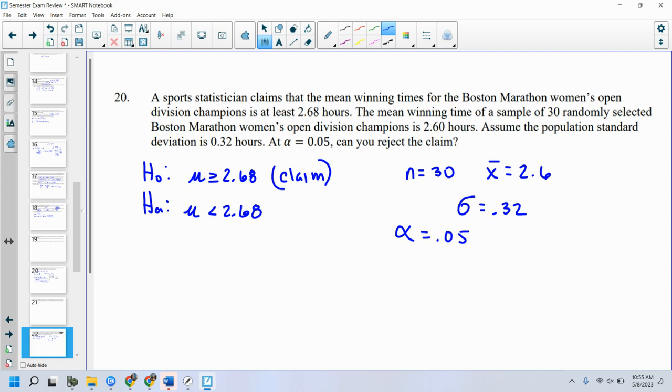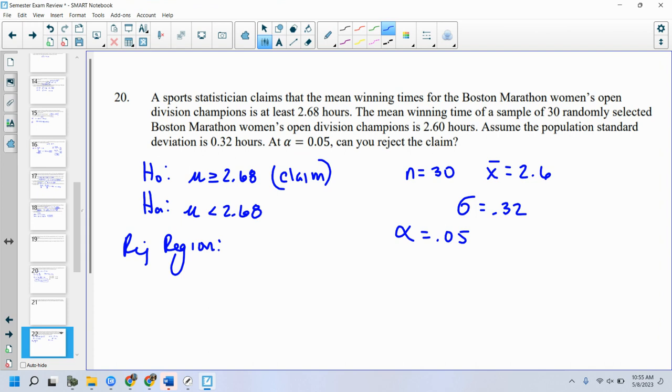So that means I go to my z-score table and figure out the rejection region. For the rejection region, I'm going to look for the alpha 0.05. Now, when I know the alpha is 0.05, I can either look at 0.05 or look at 0.95.